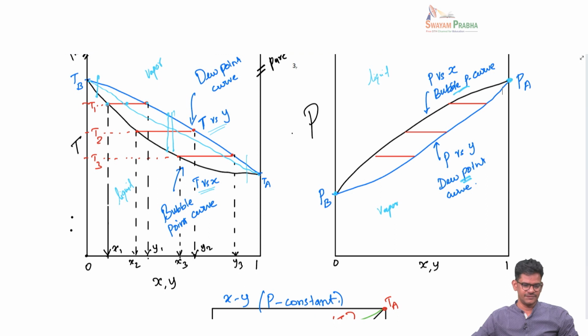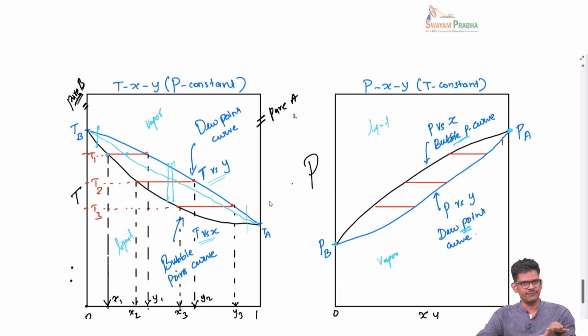You see there are two curves here, the blue curve and the black curve. The blue curve relates the temperature to the mole fraction in the vapor phase, y. The bottom curve, the black curve, refers to the temperature versus the liquid composition, T versus x. This is quite informative. We can look at where the single phase is, where the coexistence is, what the temperature-composition relationship is, all that.